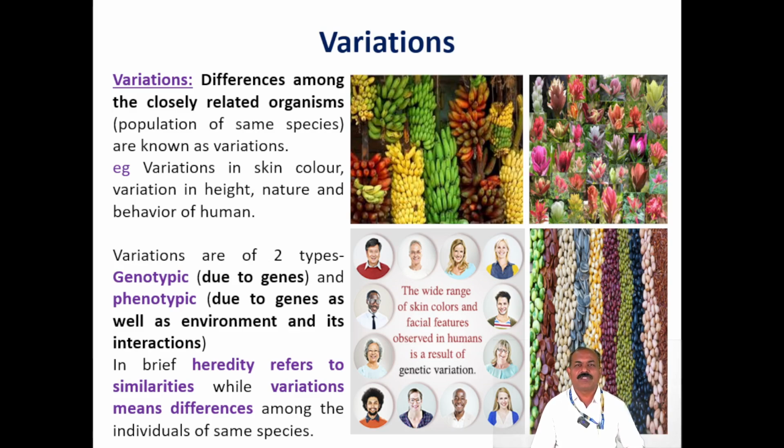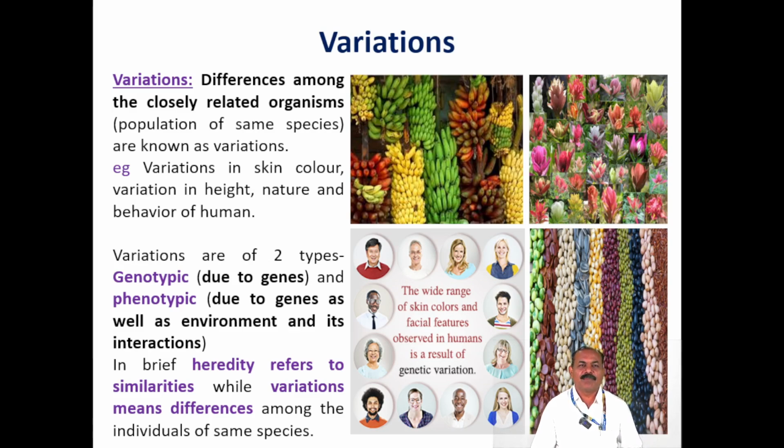The pictures shown here are of bananas, pulses, flowers, and even different kinds of human beings. See how the differences are there. These differences among closely related, that is blood related, organisms are known as variations, right. A population of the same species is termed closely related organisms.